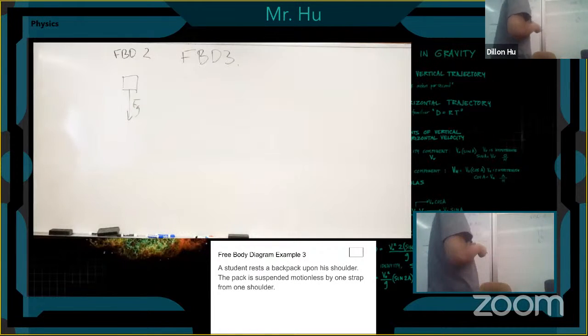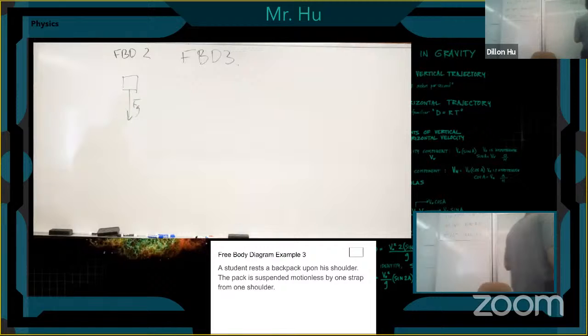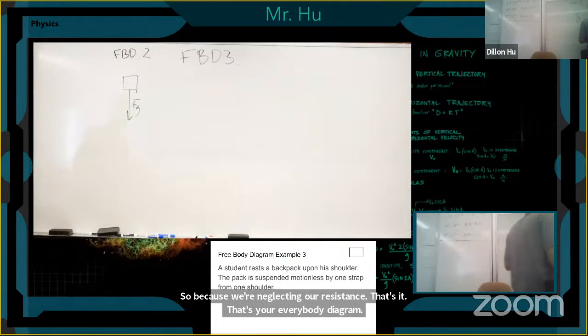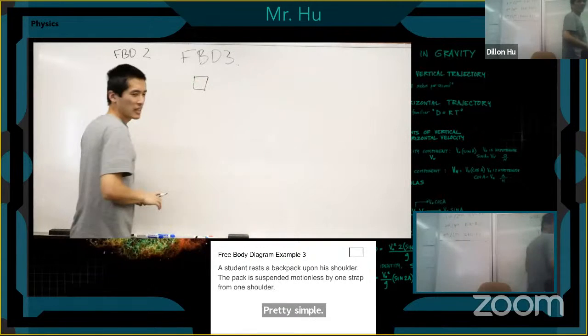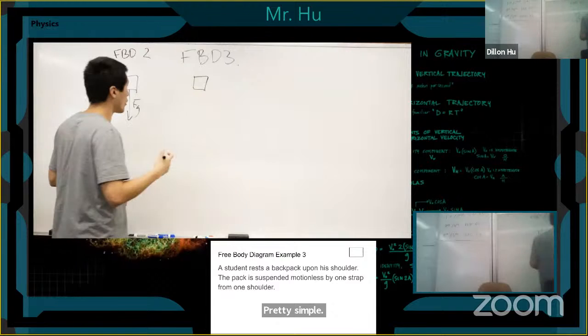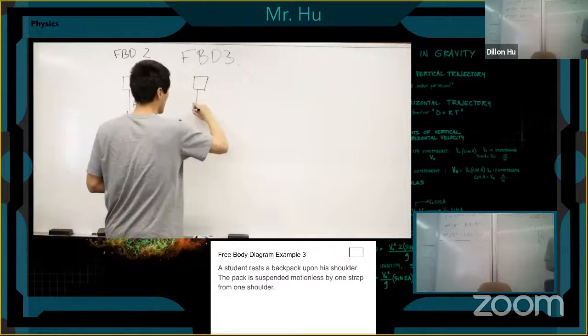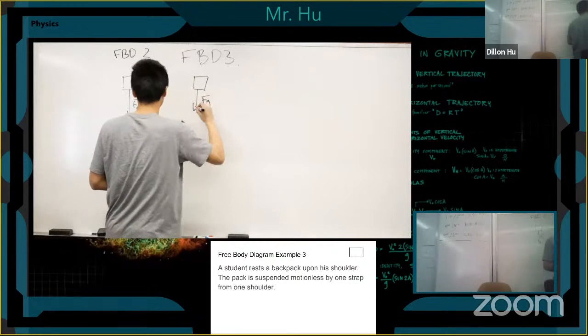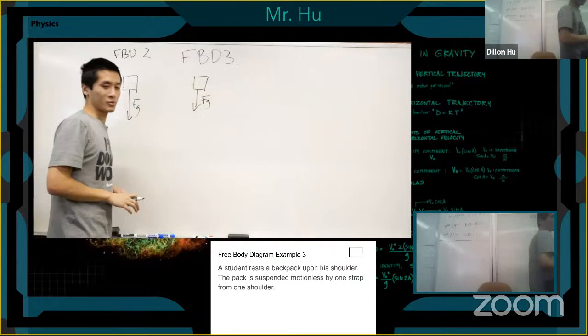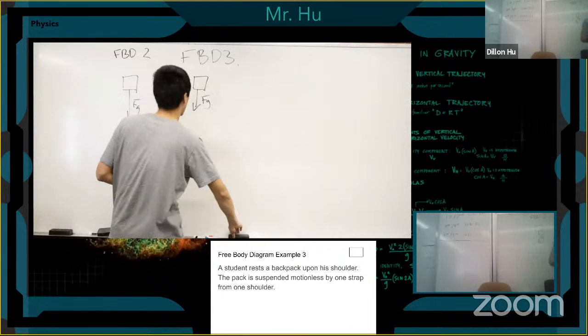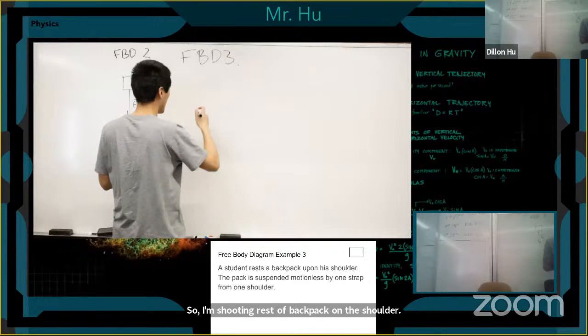A student rests a backpack on a shoulder. If you put a backpack on a shoulder, it's not really accelerating. The backpack always has the force of gravity, F subscript G. Because it's motionless, there needs to be an upwards force equal and opposite to the force of gravity.